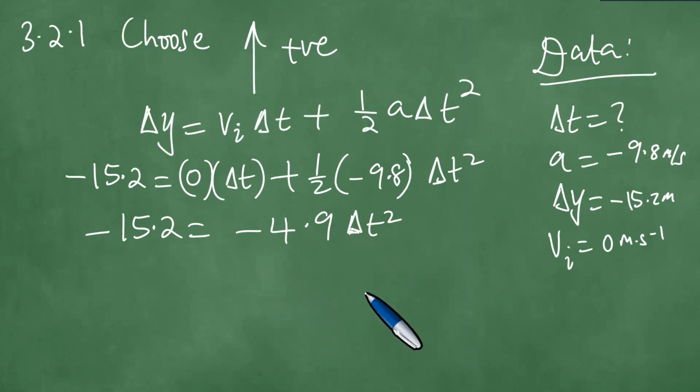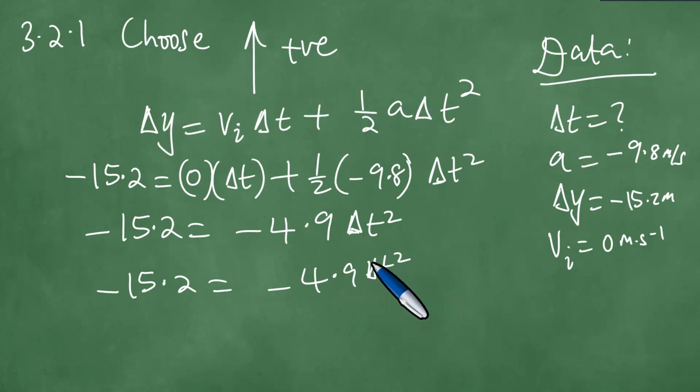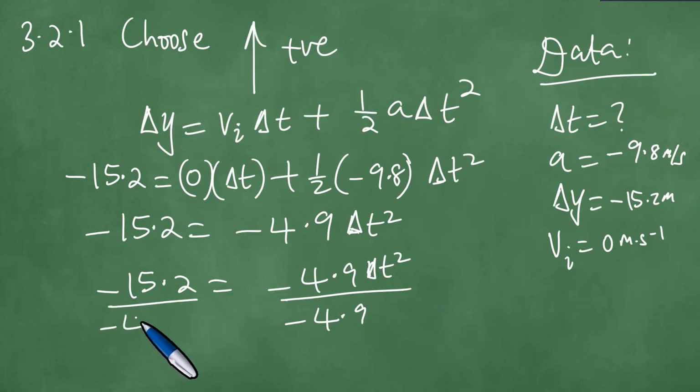Right, we're looking for the time now, so we perform division. Therefore we have minus 15.2 equals minus 4.9 delta t squared. You divide by minus 4.9 on both sides.